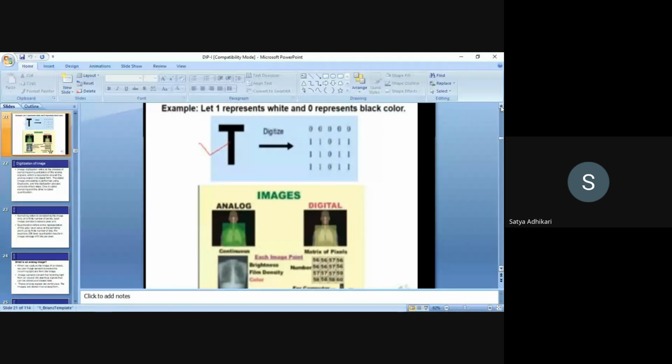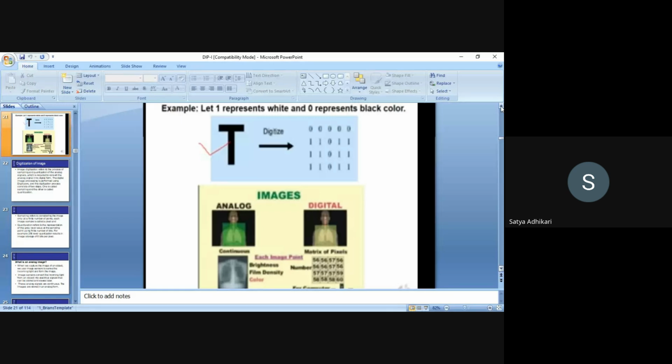As we discussed, these gray level values range from 0 to 255. A pixel value nearer to 0 is darker, and a pixel value closer to 255 is lighter.